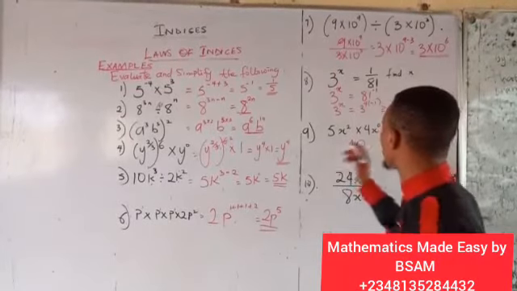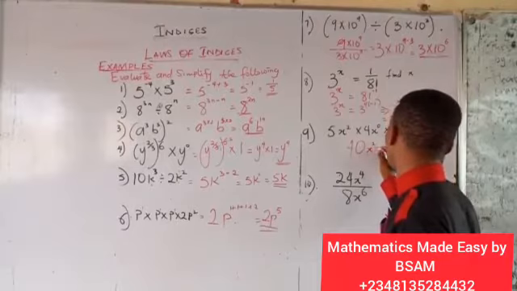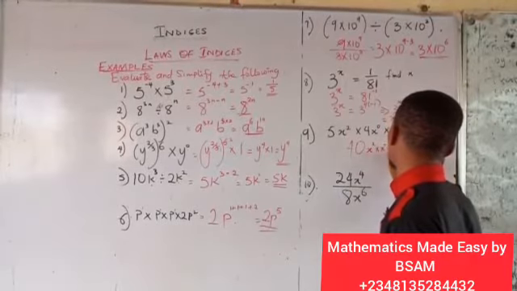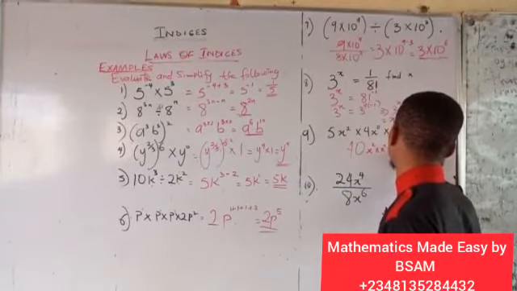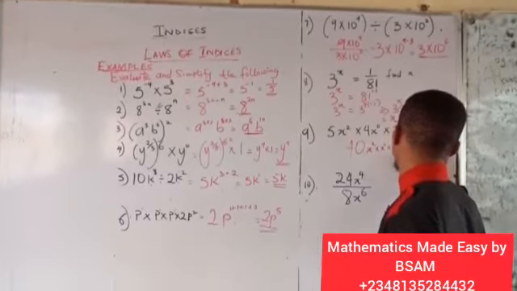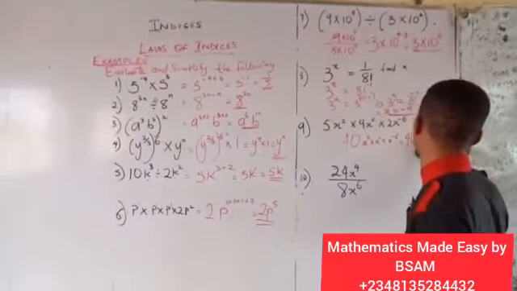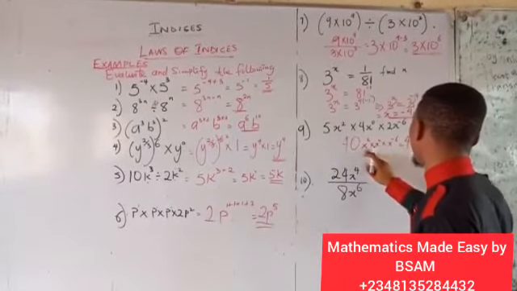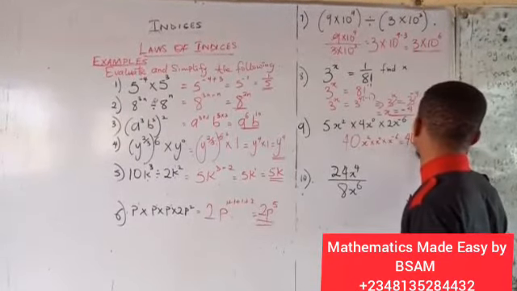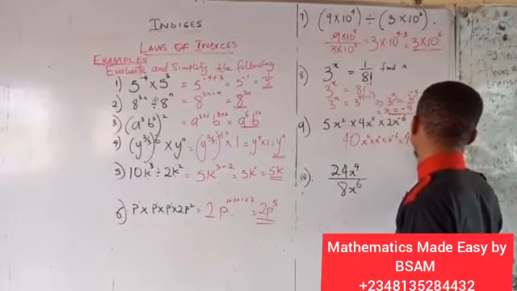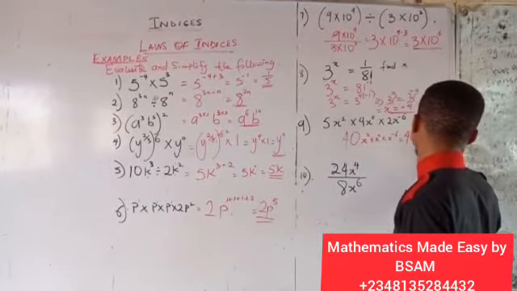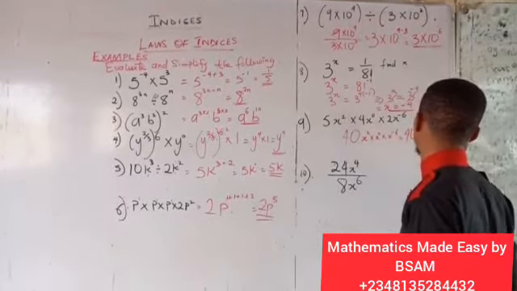Then using the law, you're going to have x squared multiplying x naught multiplying x raised to the power of minus 6. Which means that I can write this by saying 40, using the law, bringing one x out, x, 2 plus 0 plus minus 6.